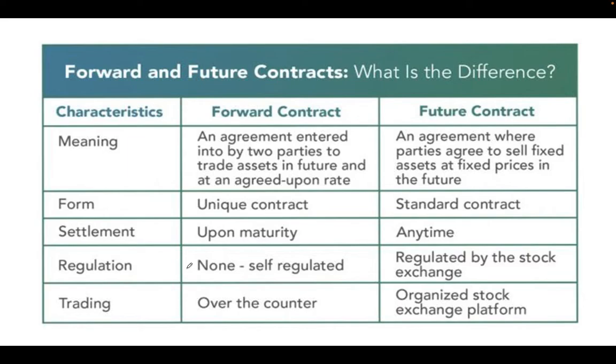Whereas a futures contract is on an organized stock exchange platform. And again we can say that a forwards contract is not that easily liquidable, whereas a futures contract is easily liquidable.